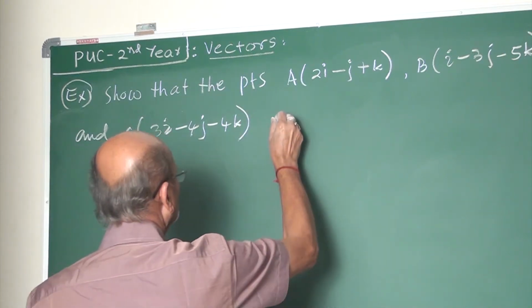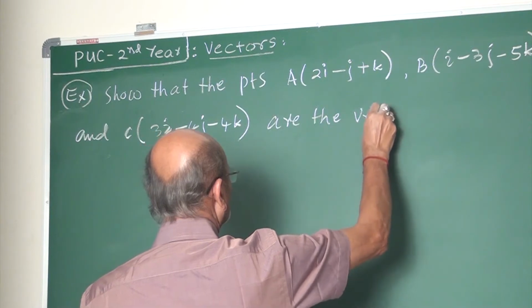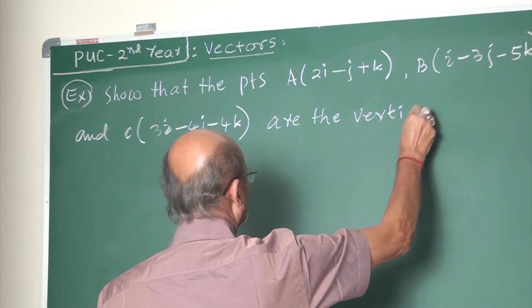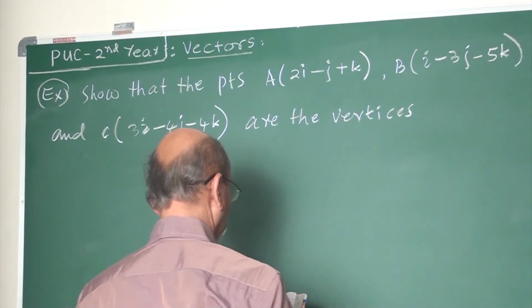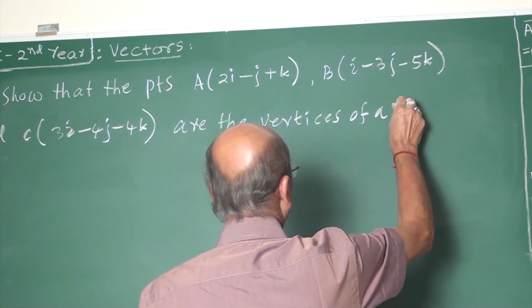They are the vertices of a right angled triangle.